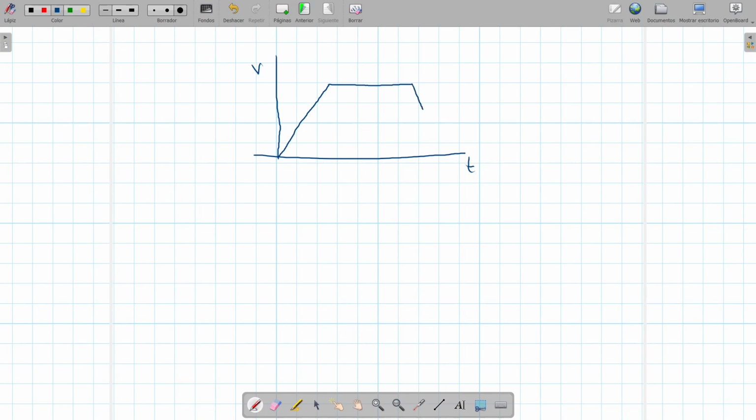We can have a straight line going down. That is a constant deceleration. And any curve will be non-constant acceleration, because the acceleration is going to be the slope of our graph. And so we have to divide it into sections. And the distance is going to be the area under the graph.